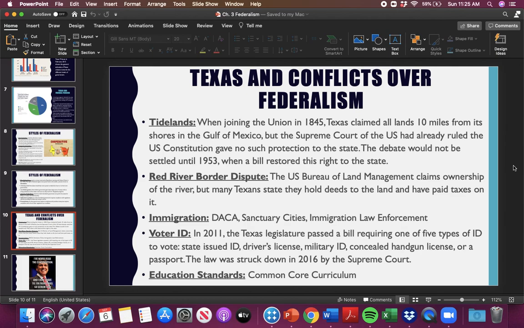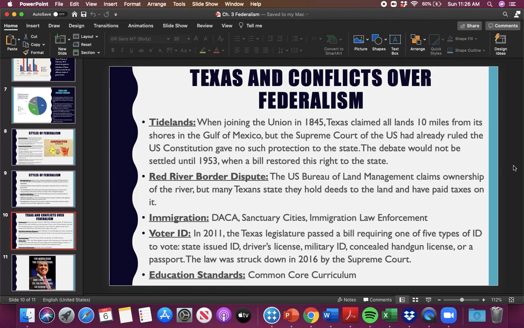Voter ID is a settled one, but there was a conflict over needing a specific type of ID to vote. And so in Texas, we passed a law in 2011 that only allowed you to use 5 types of ID to vote. State-issued ID, a driver's license, a military ID, a handgun license, or a passport. This was struck down by the Supreme Court in 2016 as being unconstitutional.